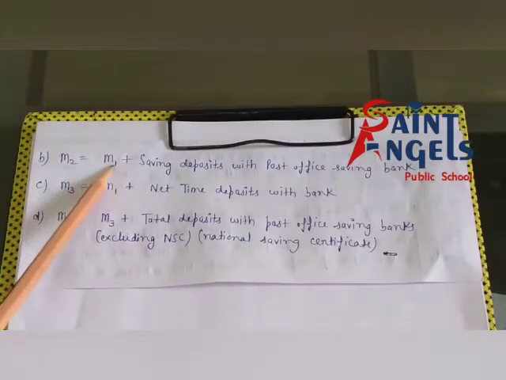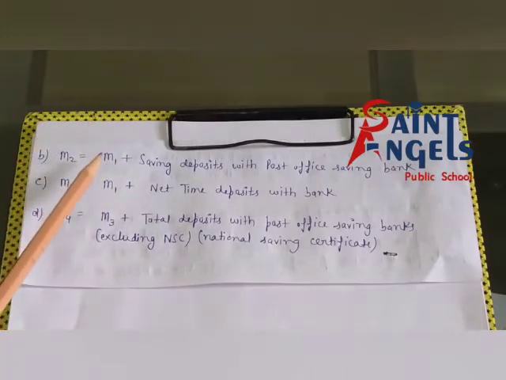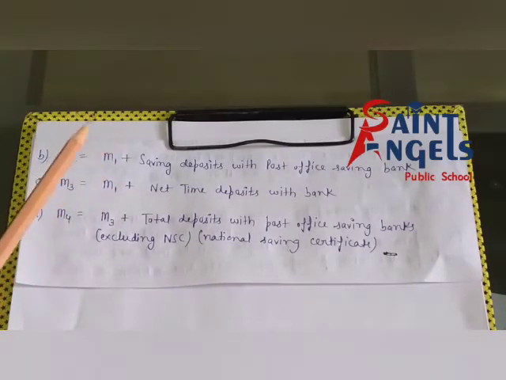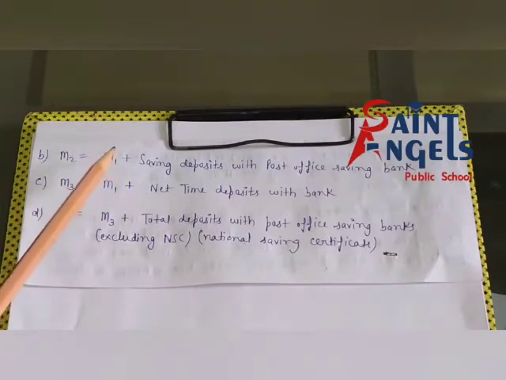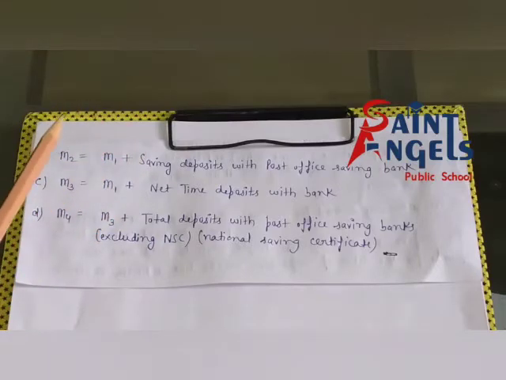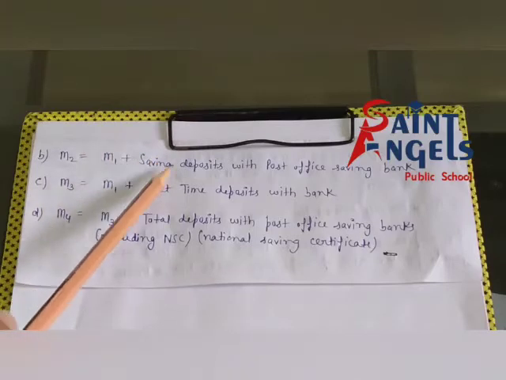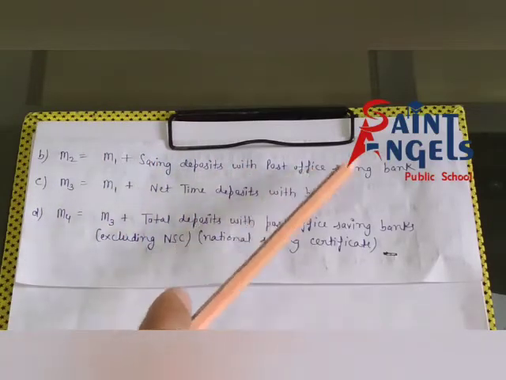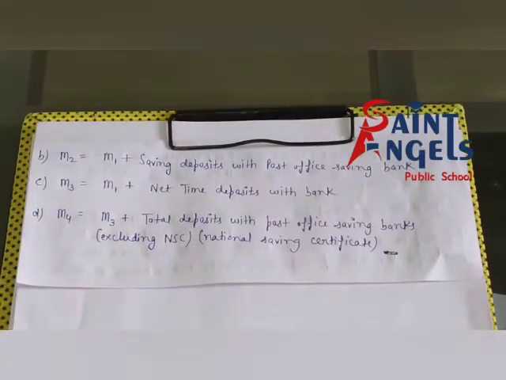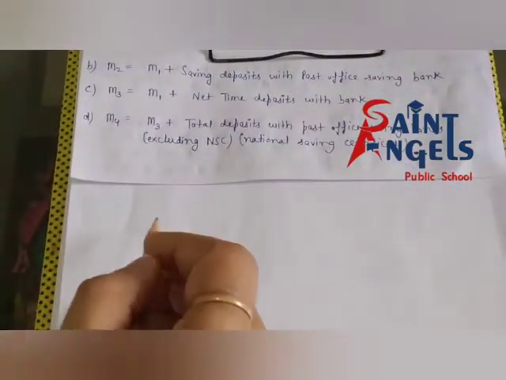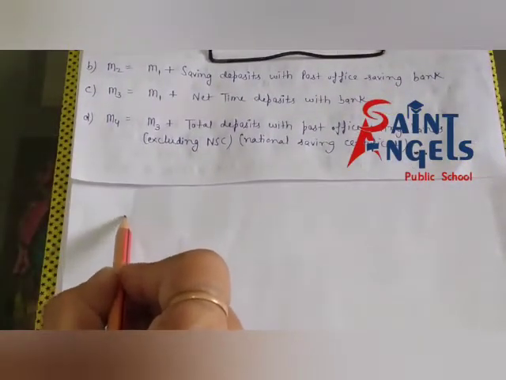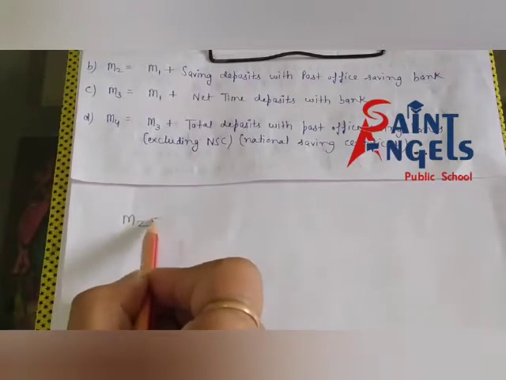In place of M1, I can write currency and coins with public plus demand deposit of commercial bank plus other deposit with RBI plus saving deposits with post office saving bank.